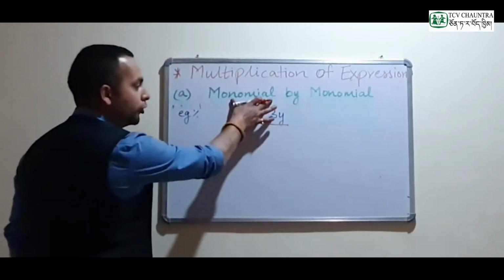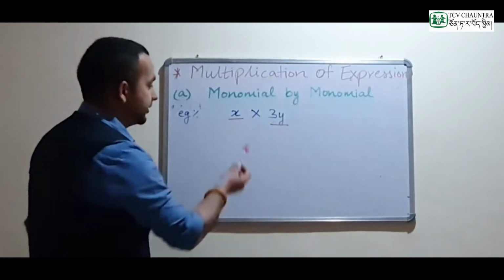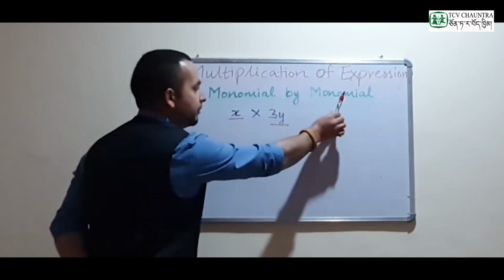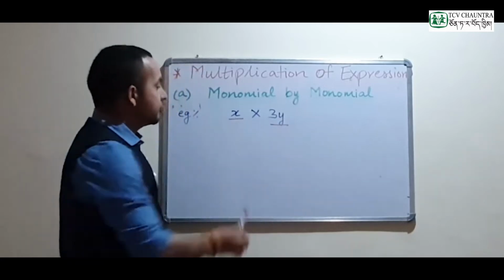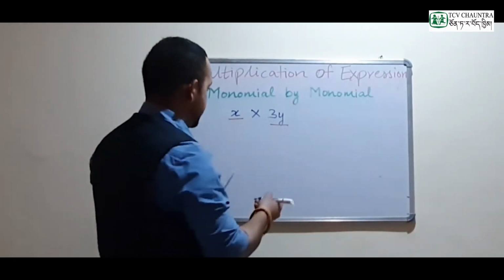Monomial by monomial. So when we multiply monomial by monomial, what we will get as product, right?